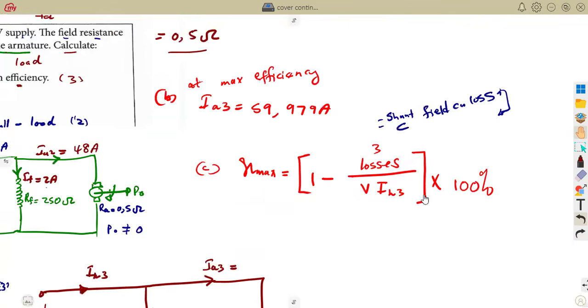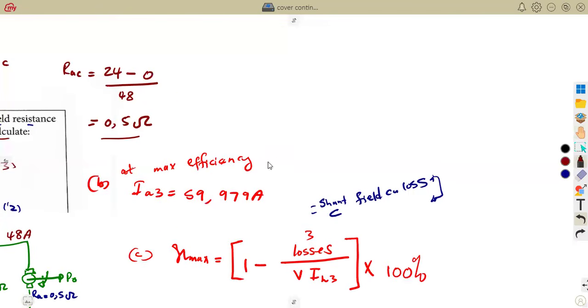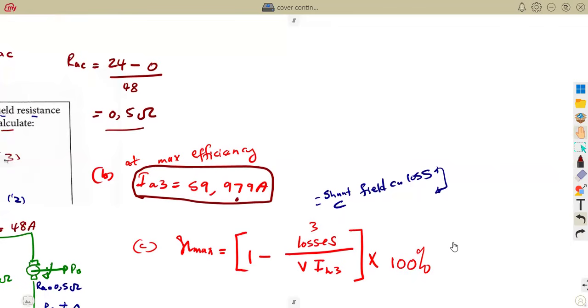Remember, in part B you were asked to calculate the armature current at maximum efficiency, and this is what we got. This current is now affecting the other current.